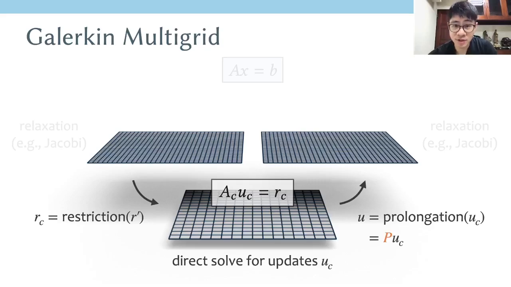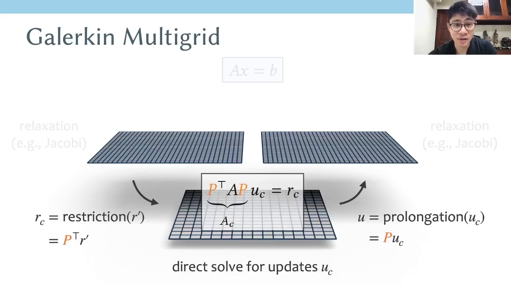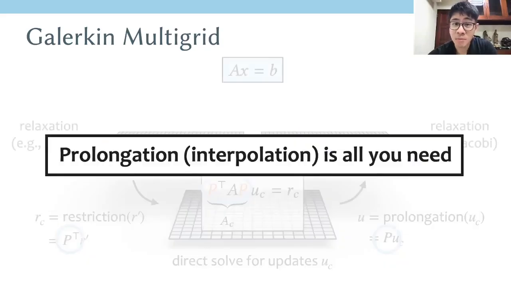And the restriction is defined as the transpose of the prolongation P. To define the coarse linear system, Galerkin Multigrid uses the prolongation P to sandwich the system matrix A. And you will notice that every component here is defined based on P. So in other words, prolongation is all you need in order to implement a Galerkin multigrid method.